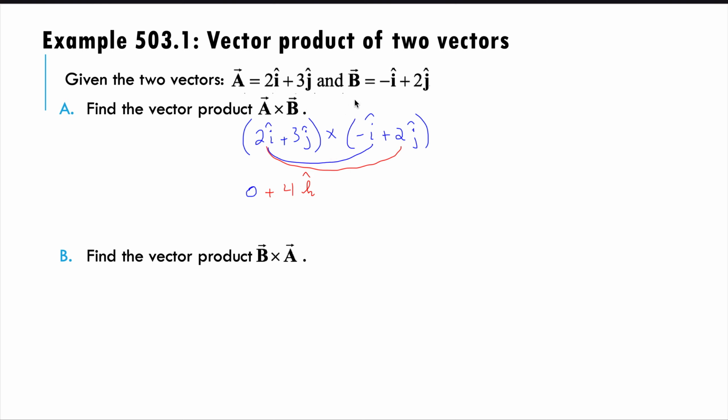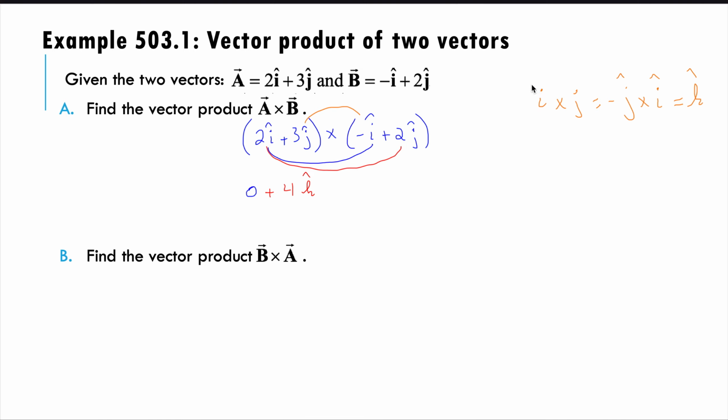And then we're going to do the inner ones. So j times negative i, or j cross negative i, also gives us k. Remember, we had in the video i cross j equals negative j cross i, which gives you k.